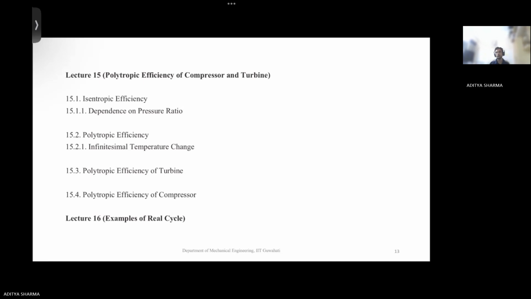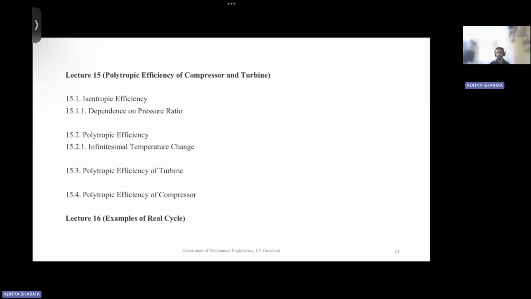So if two compressors have different pressure ratios and their efficiencies have been given to us, then how can we compare the efficiencies? How efficient one compressor is, how efficient the second compressor is, how can we do that? Because pressure ratios are different, and corresponding to the pressure ratios, isentropic efficiencies have been given.